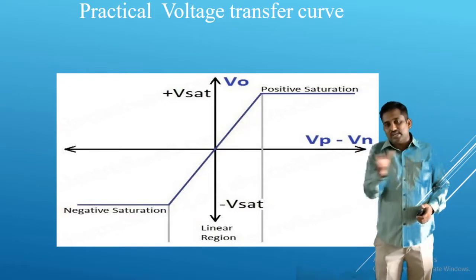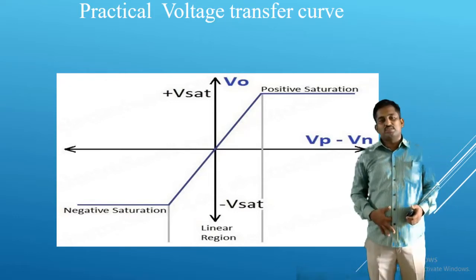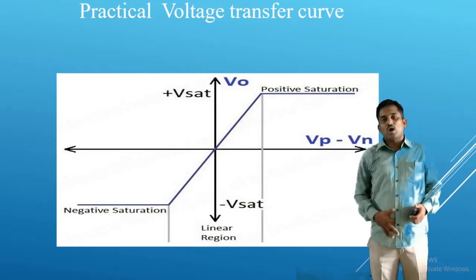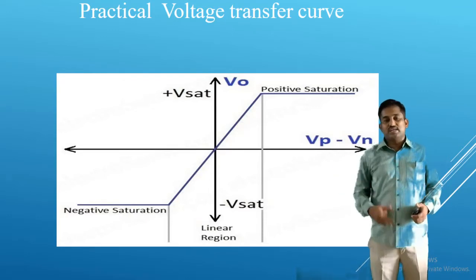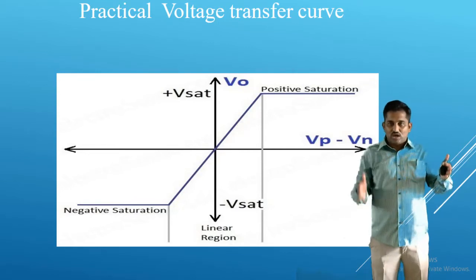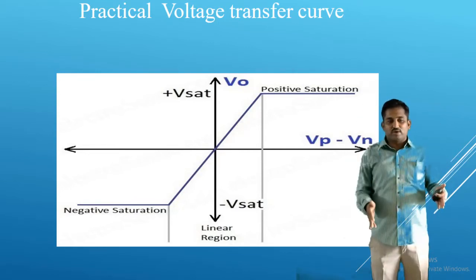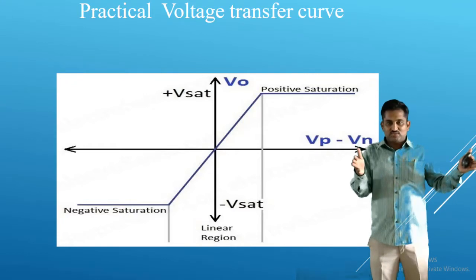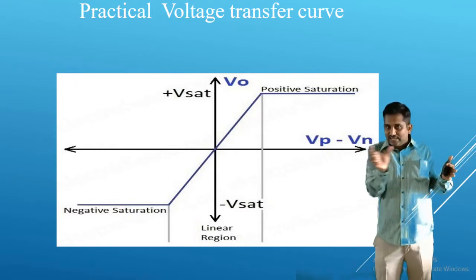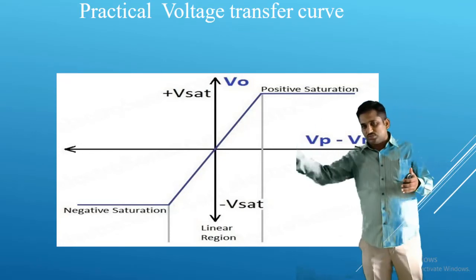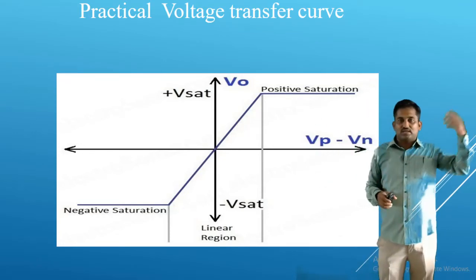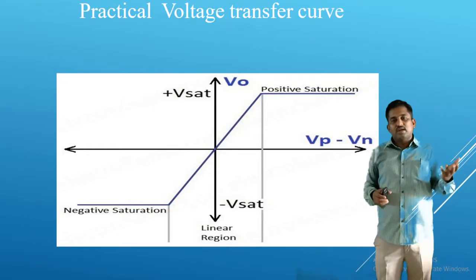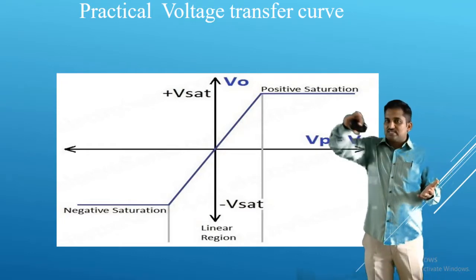So for a certain range of input voltages, the output varies linearly. In the graph we have shown that the range is linear from plus Vsat to minus Vsat. That means if the difference voltage is not greater than the positive side and not greater than the negative side, then until that point the output voltage is linear.